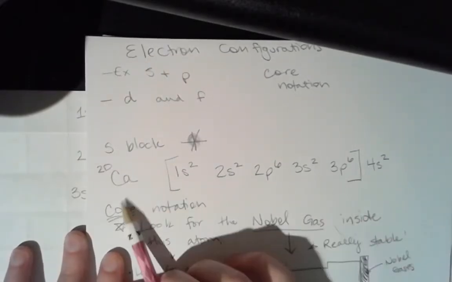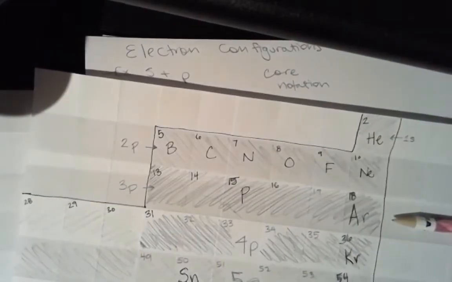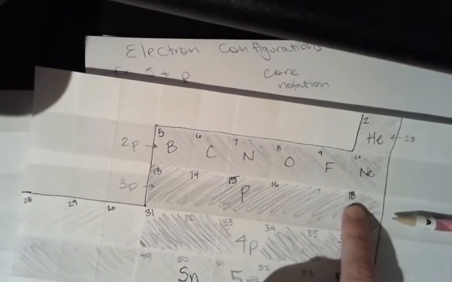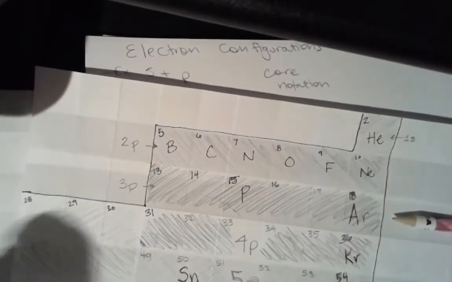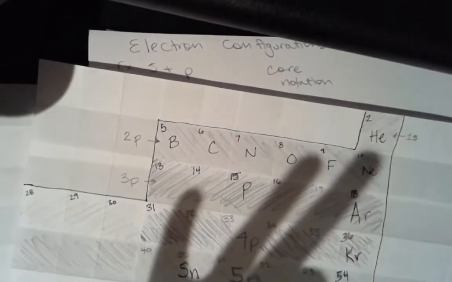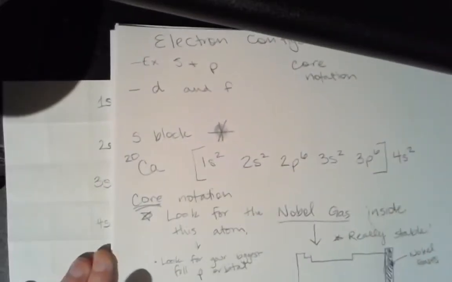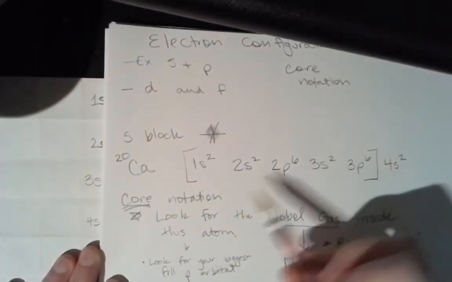Find the full P in the third row. That's argon. And you can even check it, because argon has 18 protons and electrons. Calcium has 20. So argon is inside of calcium. We're looking good. That's what we want. We want the noble gas inside the atom.